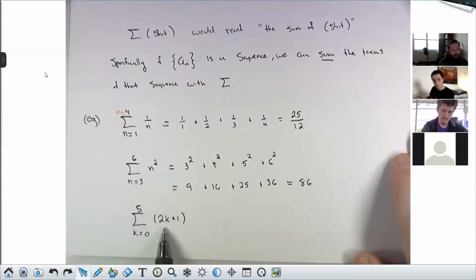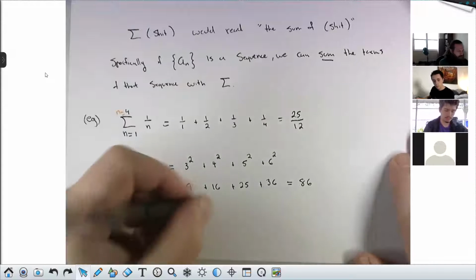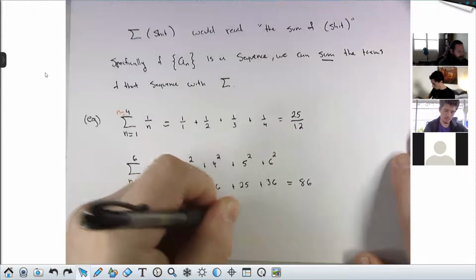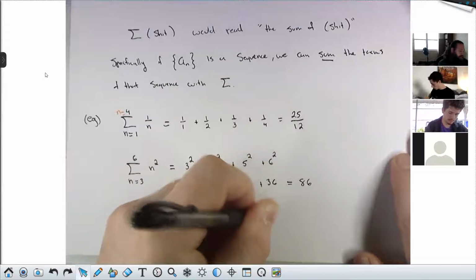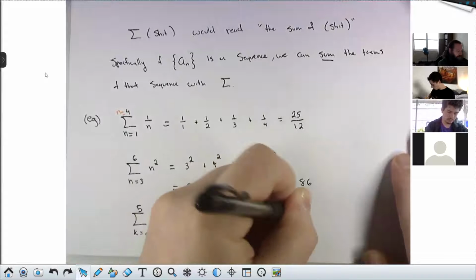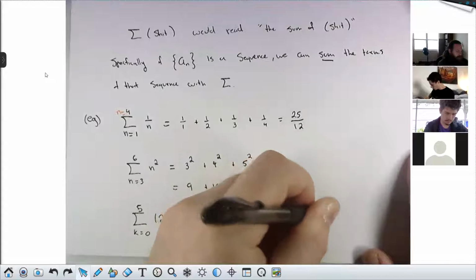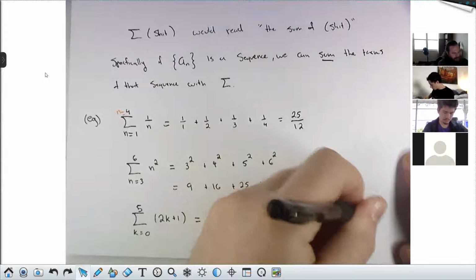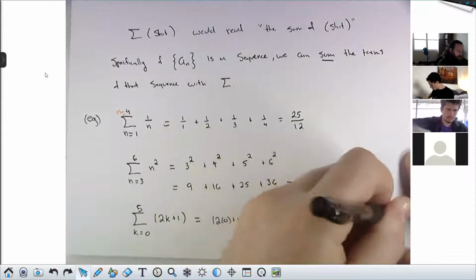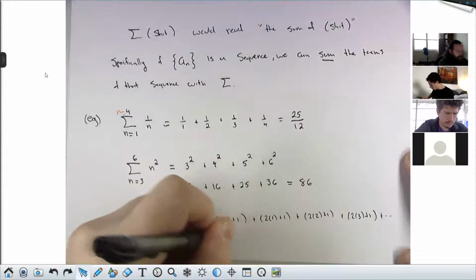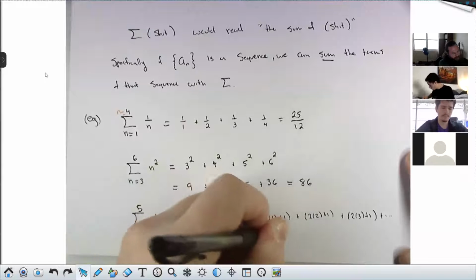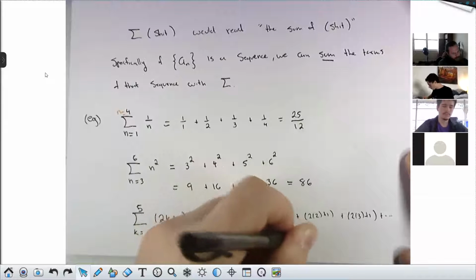So I'm going to plug in all the numbers from 0 through 5 for k, and I'm going to add up all of those terms. So this is 2 times 0 plus 1 plus 2 times 1 plus 1 plus 2 times 2 plus 1 plus 2 times 3 plus 1 plus dot, dot, dot, plus 2 times 4 plus 1 plus 2 times 5 plus 1.